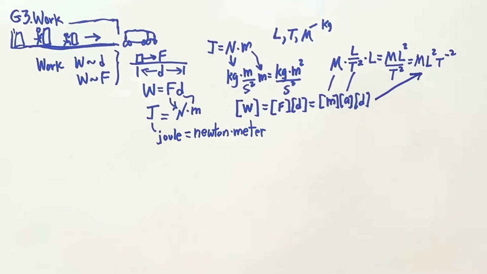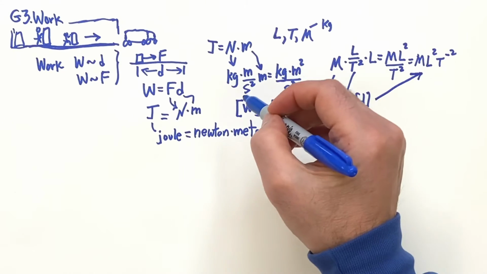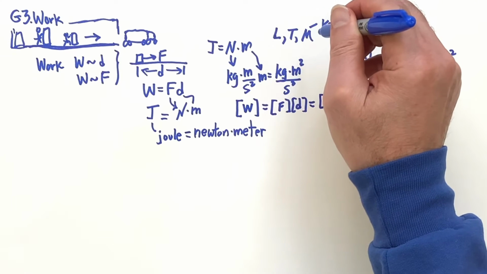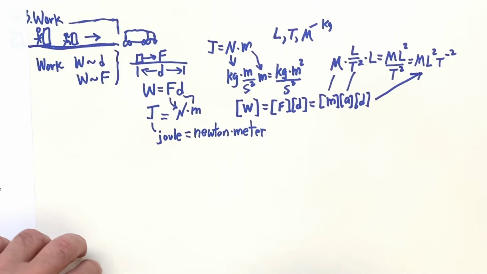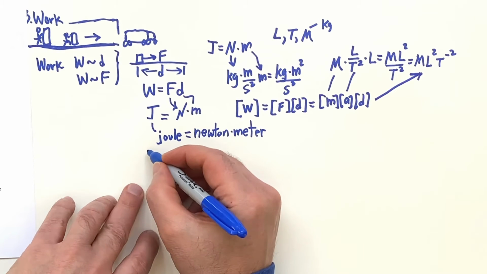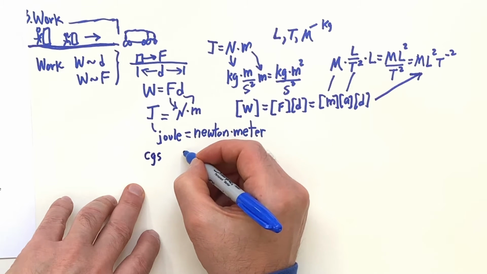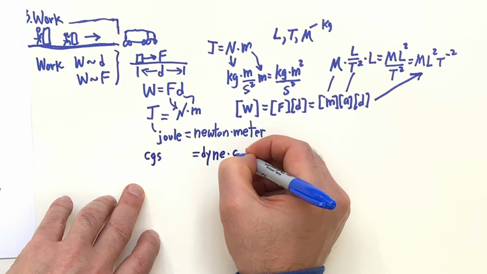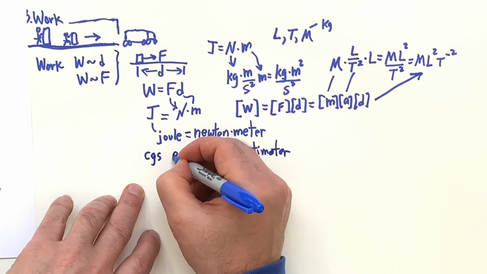I had said earlier that in this course we can get pretty much all of our physical quantities, the ones that we derive from the big three: your length, your time, and your mass. Well, what about the other units? Well, the other units, if you look at the, say, CGS system, the metric system, where you have the force in dynes, and you have centimeters for the distance, that's called erg.